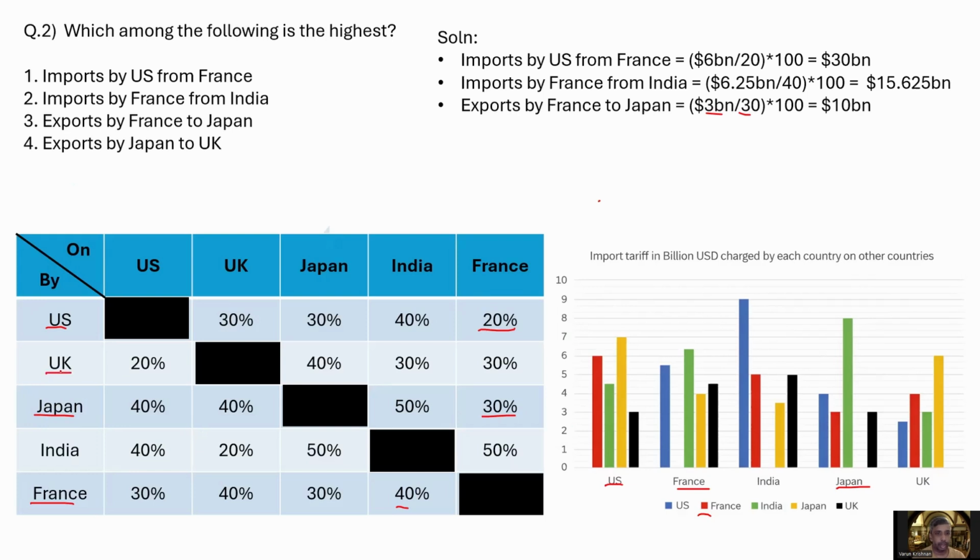By the UK from Japan, 40% is the tariff rate. And for the UK, Japan is yellow, equal to $6 billion. So $6 billion and 40% gives me $15 billion. So we have 30, 15.625, 10 billion and 15, which means 30 is the highest. So option A, imports by US from France, is the maximum. That's the question.